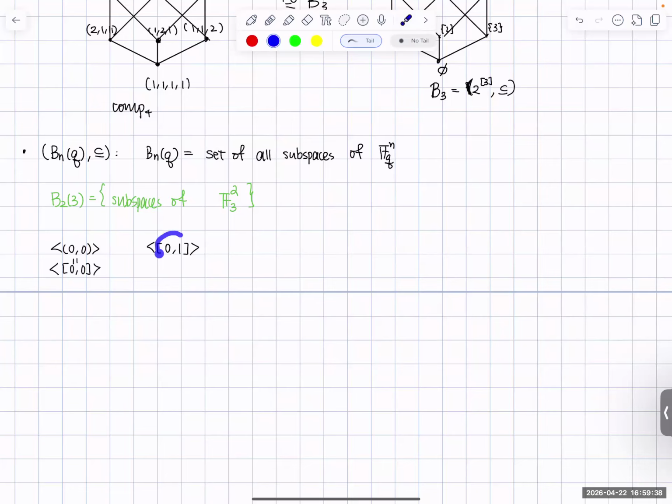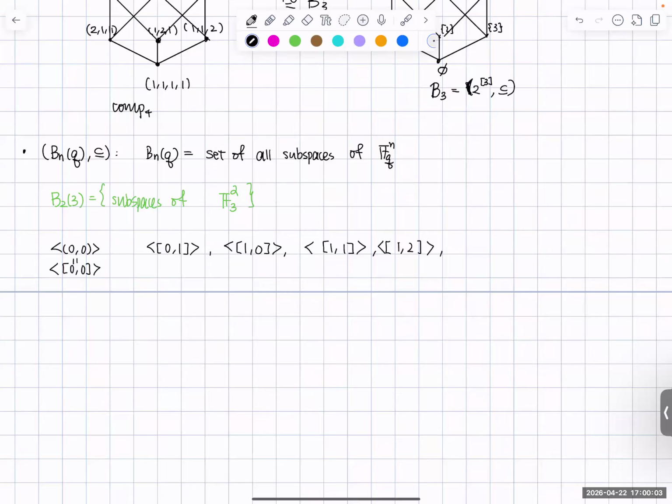So this is kind of like a line, the equivalence class, so you can think of anything like this as a basis. So generated by (0,1), and we have (1,0), we have generated by (1,1), and we have generated by (1,2).